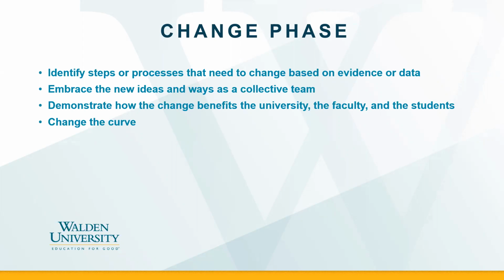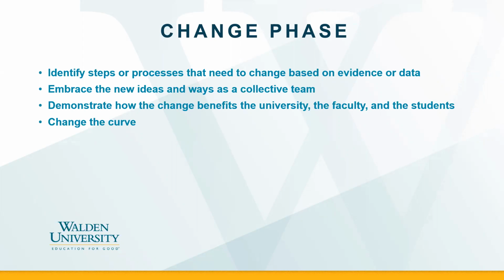We also have to demonstrate how the change benefits the university, the faculty body, and the students. And most often, we can do that again by having that evidence or data that substantiates the need for change.